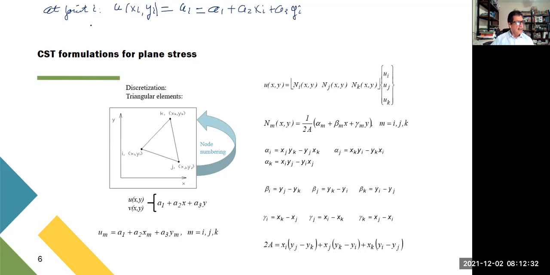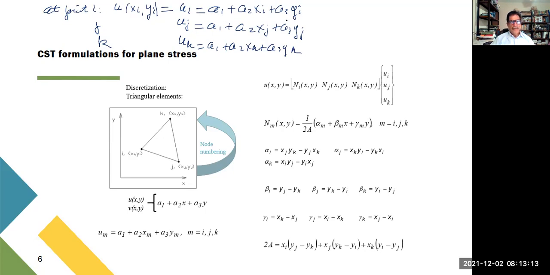The second equation will be applying this at joint J. So U sub J is equal to A1 plus A2 xj plus A3 yj. And similarly for the third joint, UK is equal to A1 plus A2 xk plus A3 yk. Now, these are the values at the joints, and eventually those are the values that we are going to calculate.